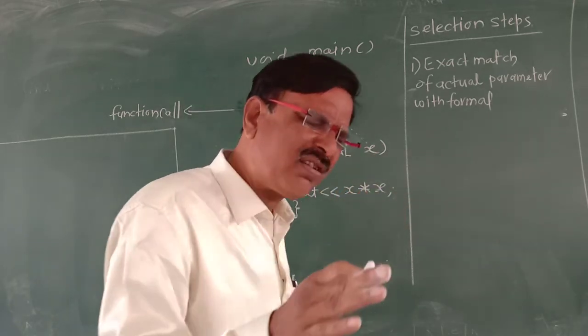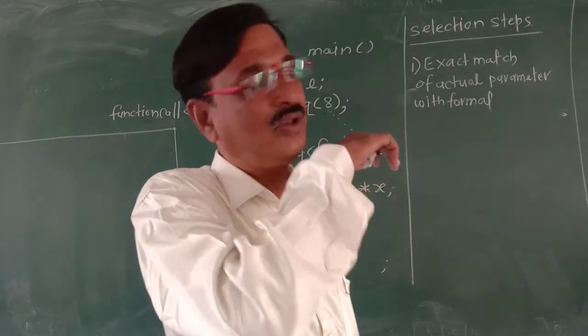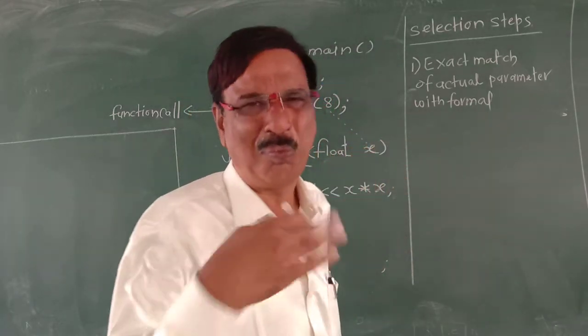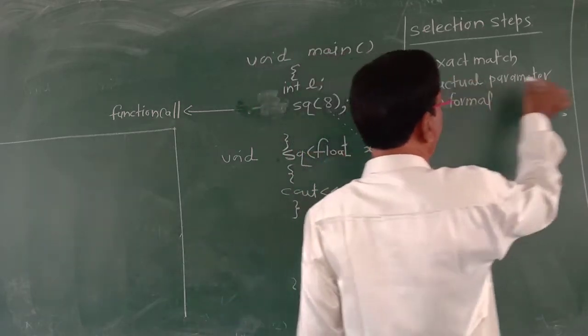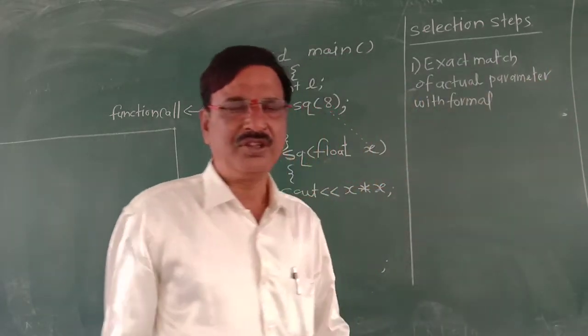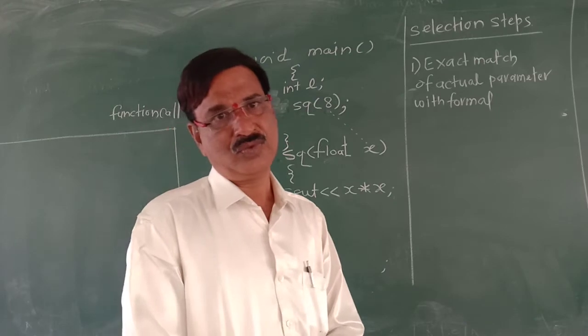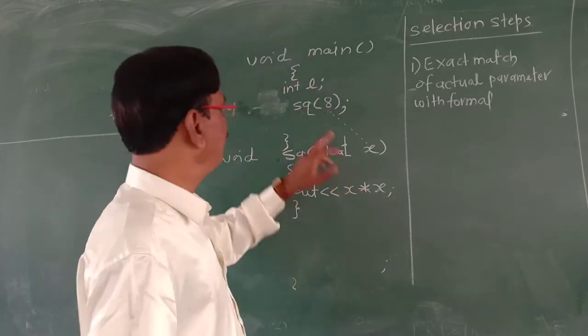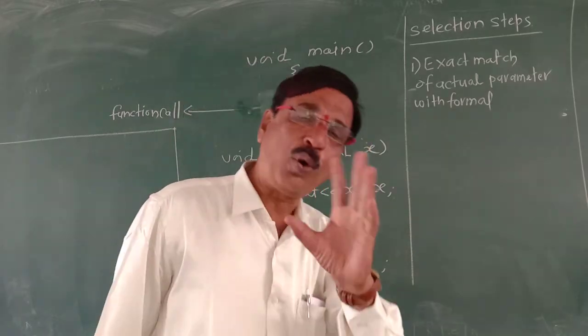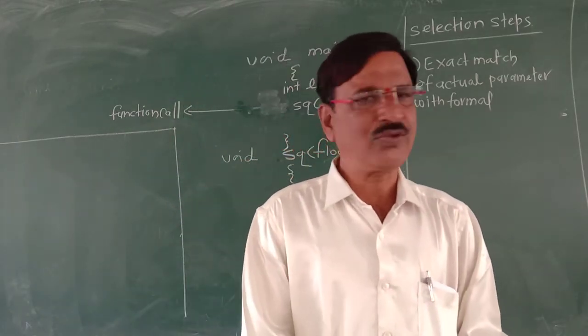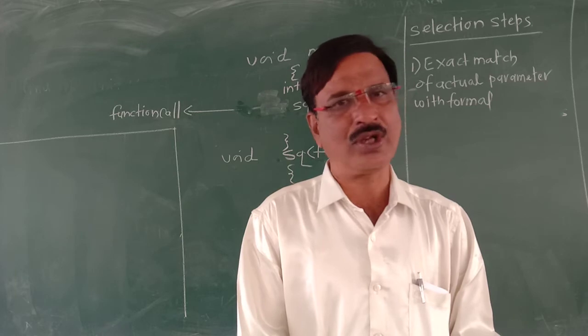Here x is not int. Here x is float. So actually this step fails. There is no exact match. How come there is no exact match? Actual parameter is int, formal parameter is float. So that's why the function is not selected for execution.